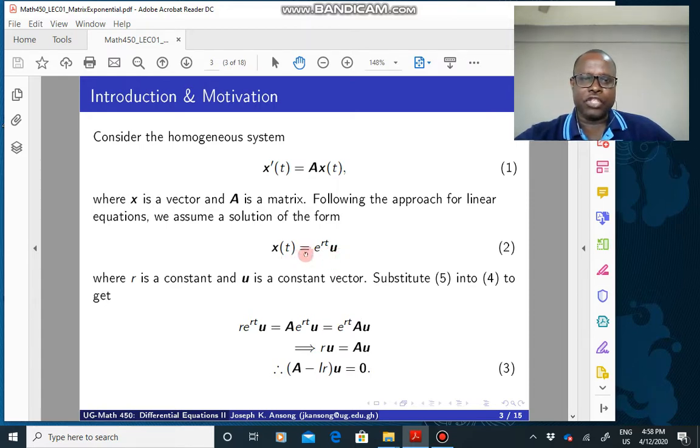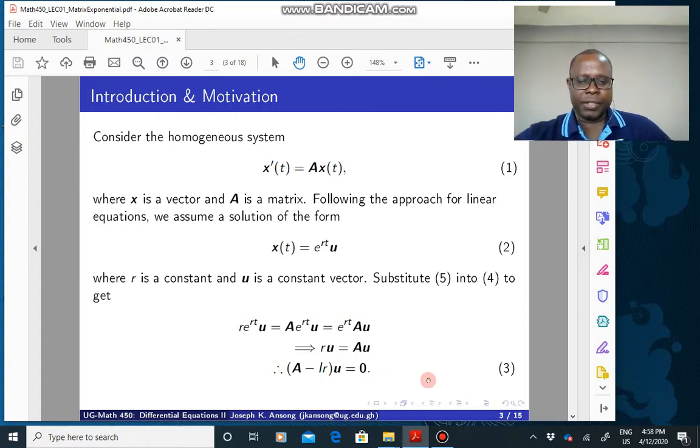If it's a solution, then it must satisfy equation 1. So you plug this into equation 1 and manipulate it. The e to the rt cancels out, you take this to the other side of the equation, and you are left with the expression (A minus rI) multiplied by u equals 0, where I is the identity matrix.